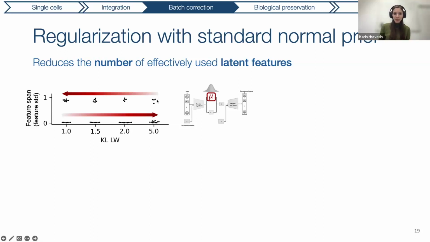And because it is customary in single cell to use Euclidean distances between cells to then do downstream analysis, basically computing cell neighborhood graph, and on that doing clustering and visualizations and so on, only a few of those features will be actually actively contributing to the distances.